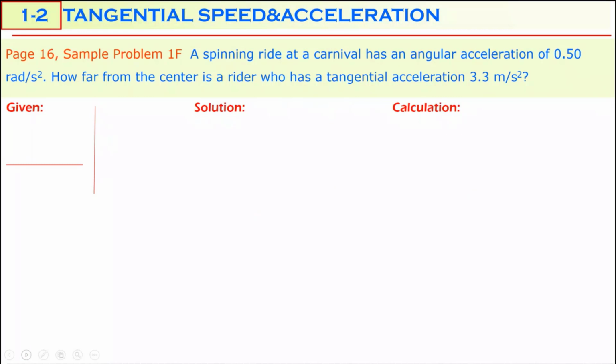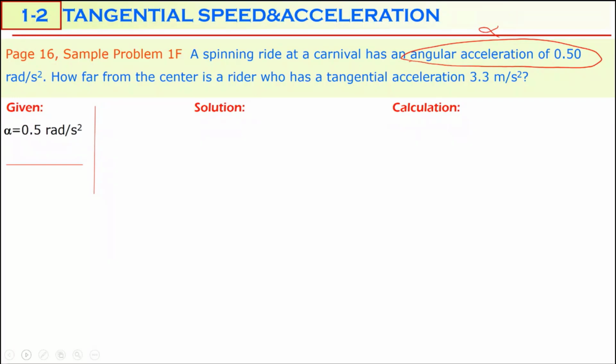A question: a spinning ride at a carnival has an angular acceleration of 0.5 radian per second squared. So this is angular acceleration, which is alpha. Record it: 0.5 radian per second squared.